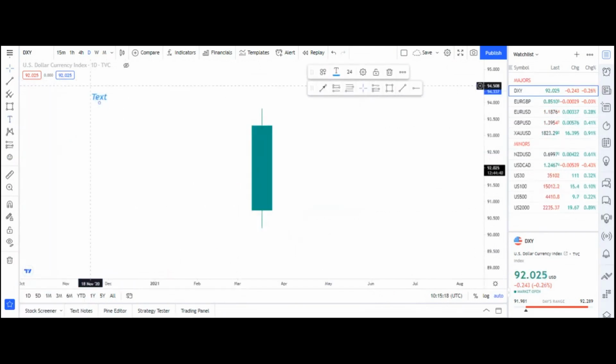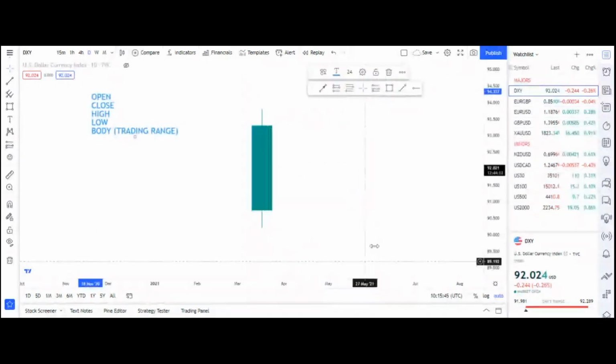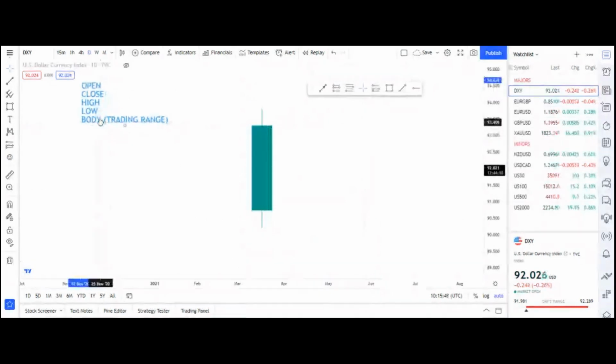We have the open, the close, the high, the low, and the body. This is what a candlestick consists of: open, close, high, low, body, which is the trading range.